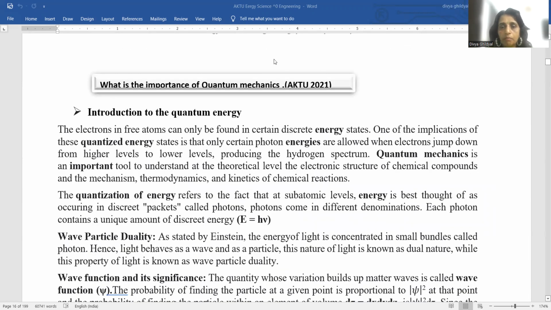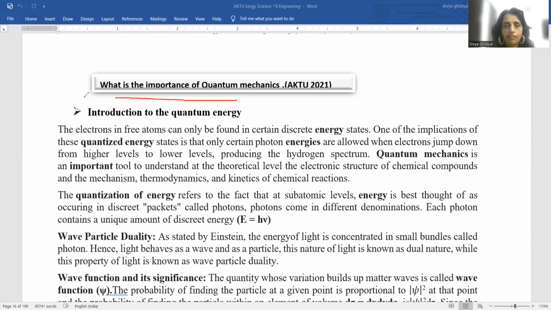Now, most important part of Unit 1. This question has been asked every year since the time the syllabus came into being. Either you are asked the importance of quantum mechanics, or you are asked proof that the energies exist in quantum states or eigenvalues, or you are asked to derive time independent and dependent Schrodinger wave equation, or you are asked the detail of particle in one-dimensional well.